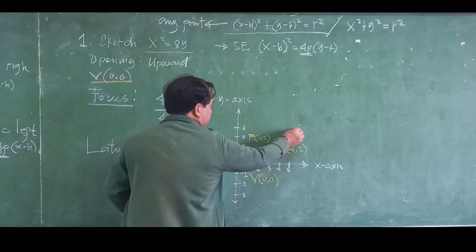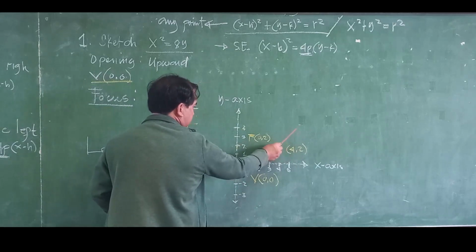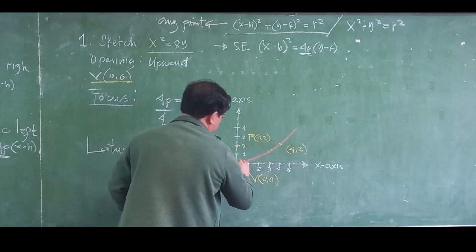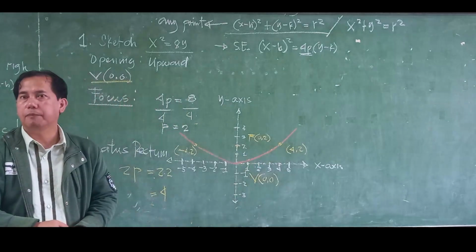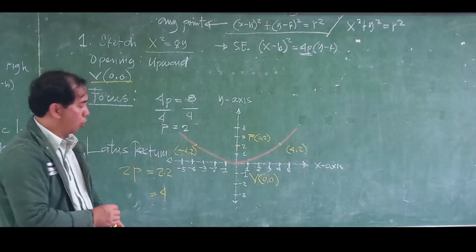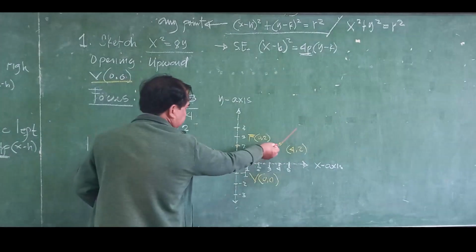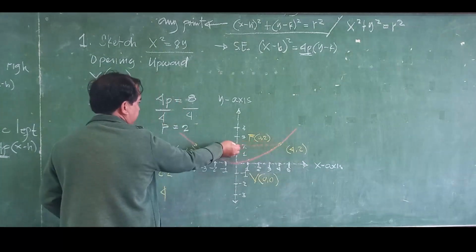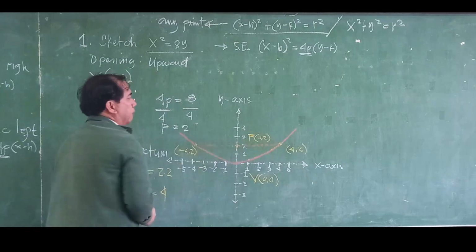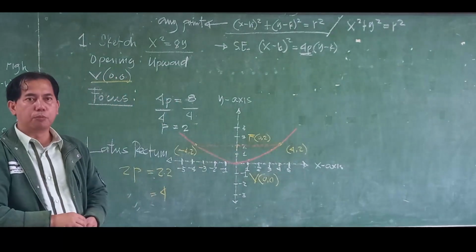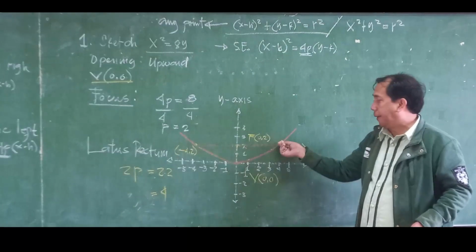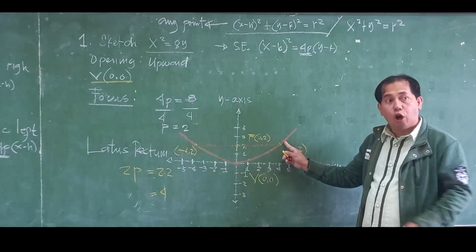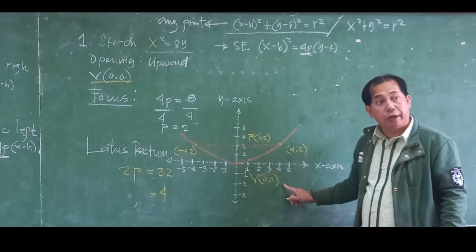So that must be our parabola. And we are now ready to locate the latus rectum. Okay. That must be our latus rectum. The measure of this one must be equal to the measure of the line segment from the point on the parabola going to the directrix.